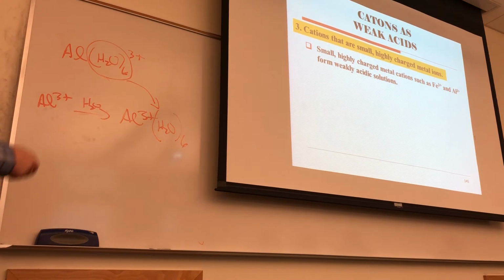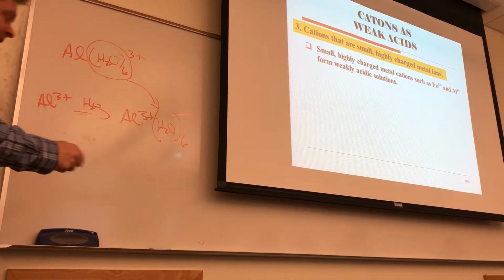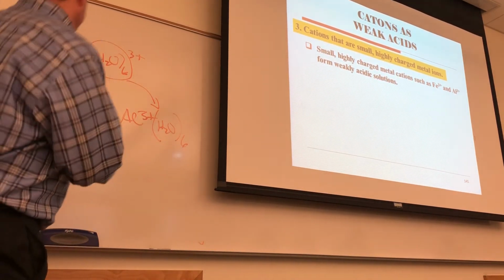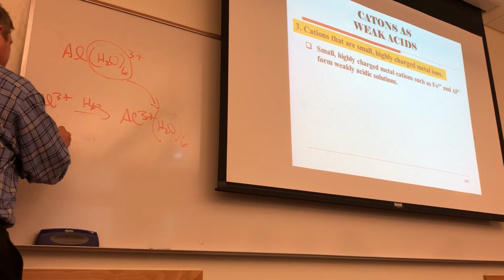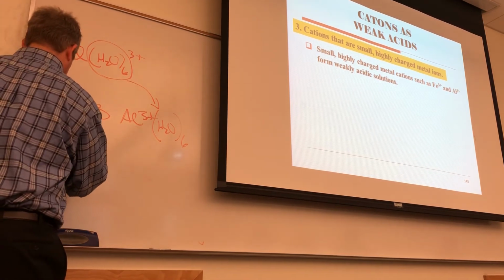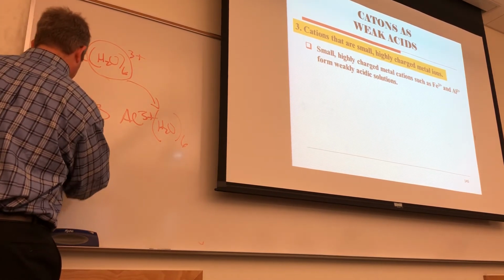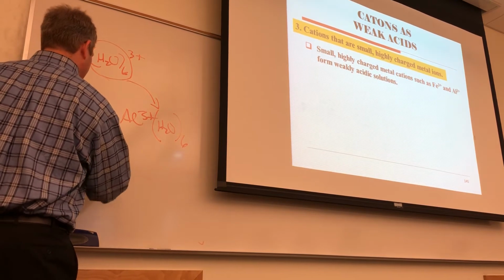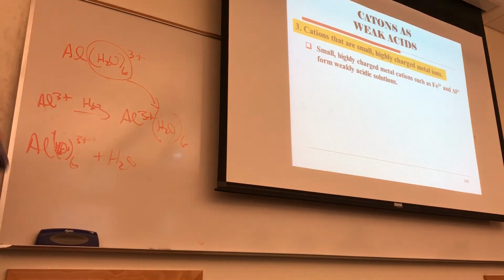I'm saying that 6 of them are attaching in some structure to the aluminum, which also means that now I can take this itself and ask what happens when I add more water to it, which of course it's already in water, keep that in mind. But I'm now separating that out.